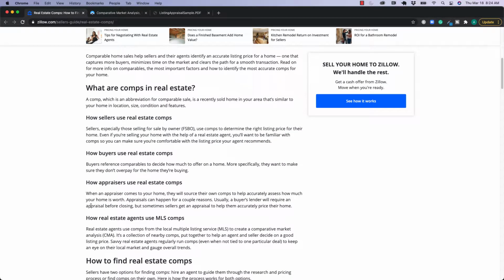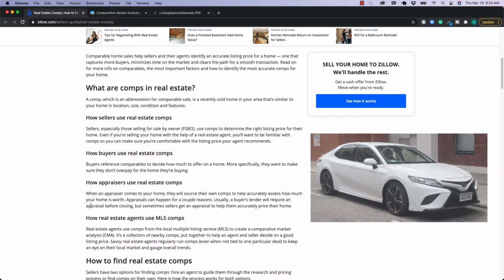Comparables help sellers and their agents identify an accurate listing price for a home. So for example, aside from real estate, if I was trying to sell my vehicle, a Toyota Camry, and I need to understand what price to sell it at. I don't want to sell it too high where it sits on, say, Facebook Marketplace for 30 plus days because I'm looking to get rid of this car fast.